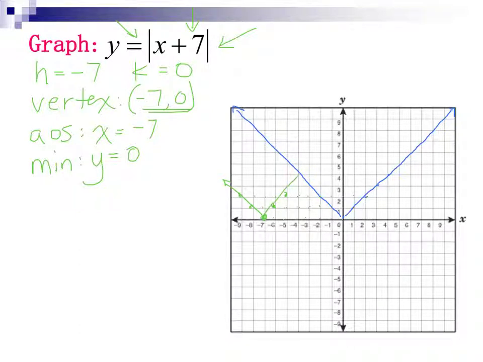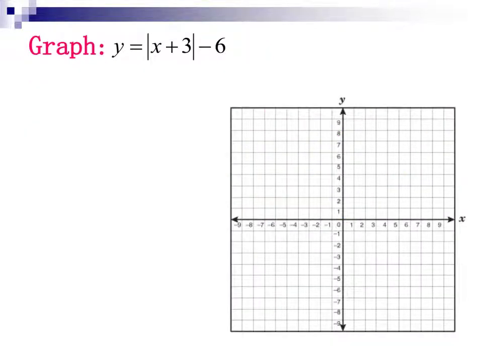And I can now draw the right side of my function. Go ahead and label your axis of symmetry through your vertex. And remember, my axis of symmetry is simply x equals whatever that x value is, negative 7. Okay?